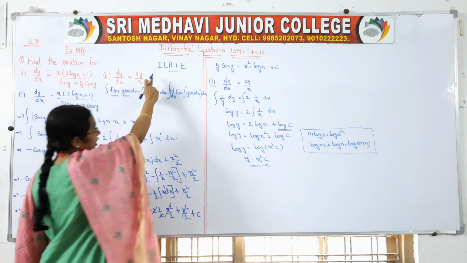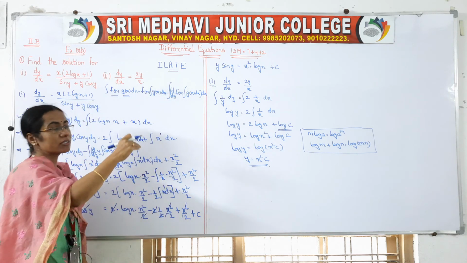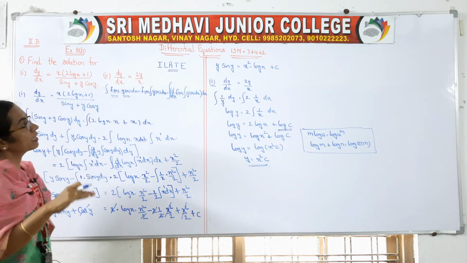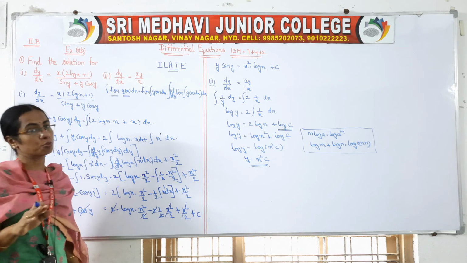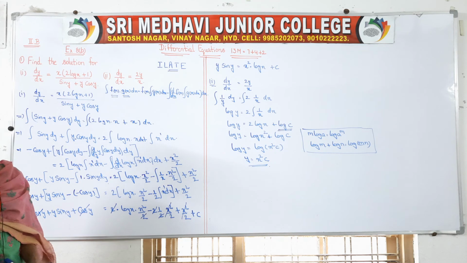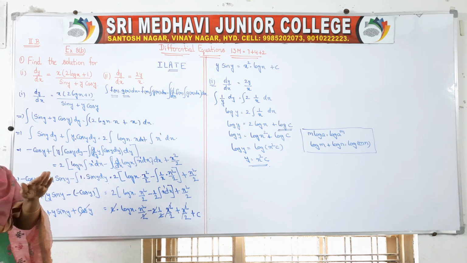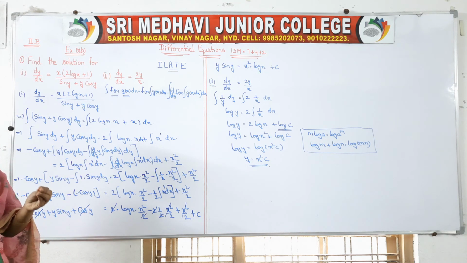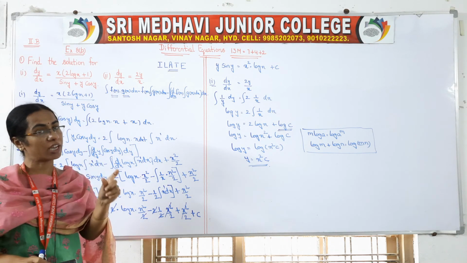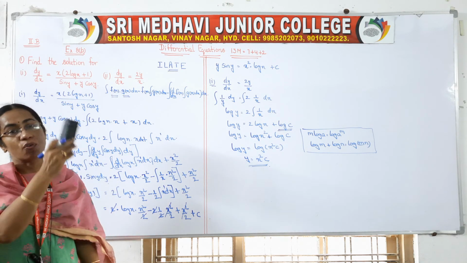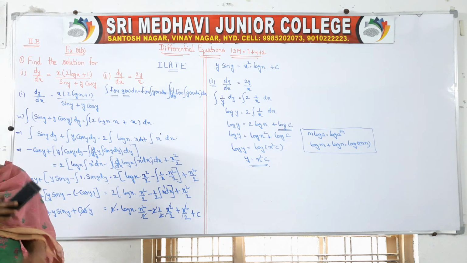They have to follow the rule. First comes inverse, then comes logarithm, then comes algebra, then trigonometric functions, then comes exponential function. Okay, so in integrals, in product form, to decide which value has to be taken as f of x and which value as g of x, we have to follow the rule ILATE.